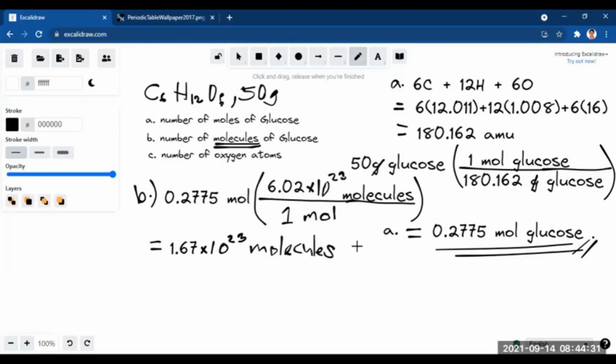Molecules meaning this is already the combination of C6H12O6.